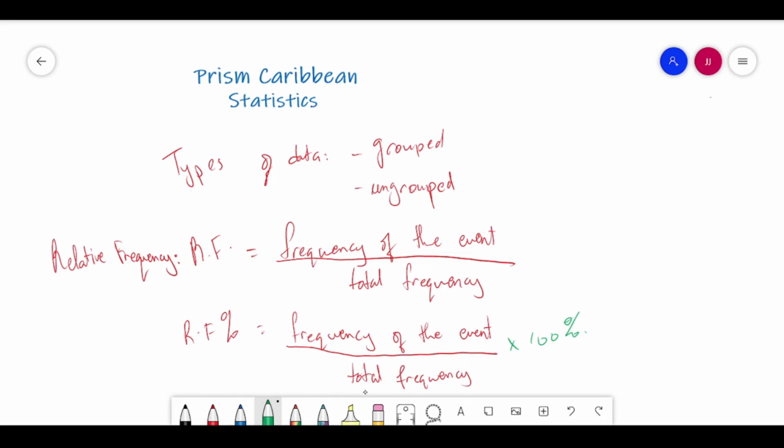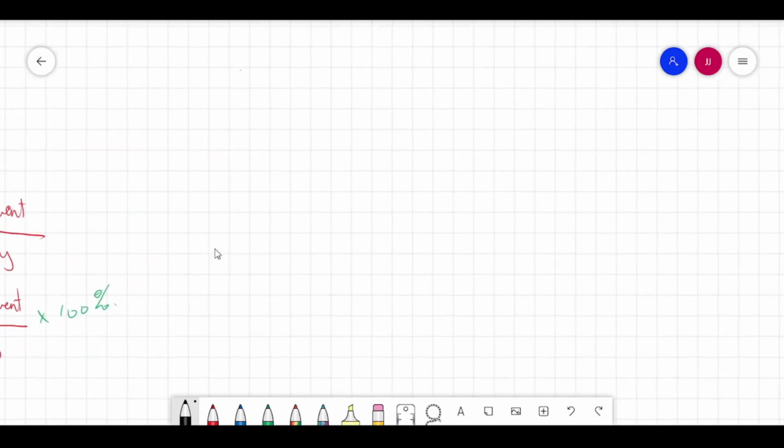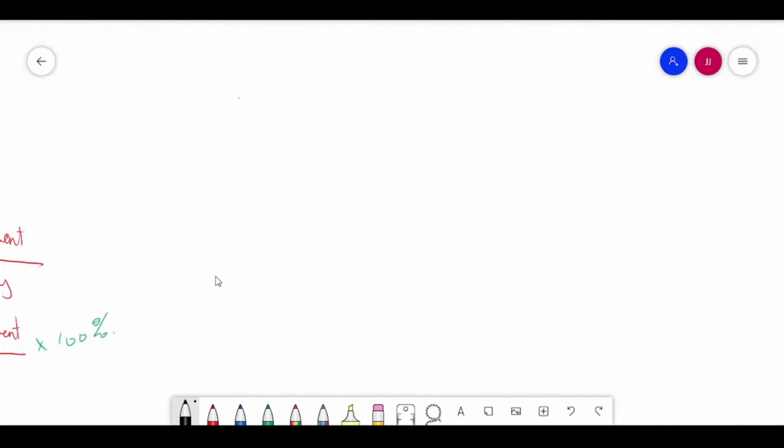Now we're going to go through this in terms of an example, just to give you a brief overview of what is expected of a topic like this. This question which I'm going to bring out is from Mathematics, A Complete Course by Mr. Raymond Toolsie, and I see a really nice question with regards to ungrouped data.